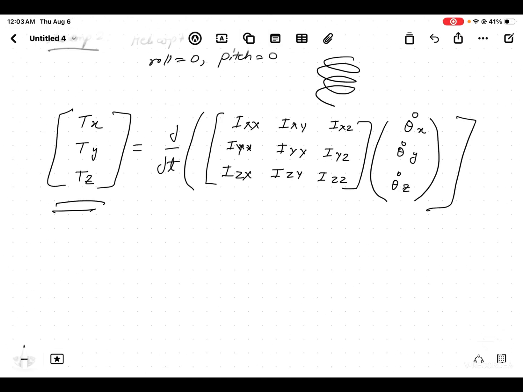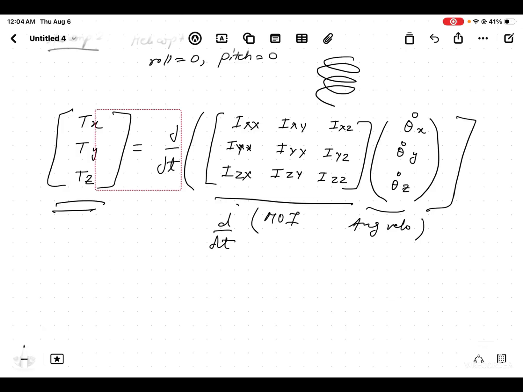So to get the torque values, we multiply moment of inertia with angular velocity and take a derivative of this.